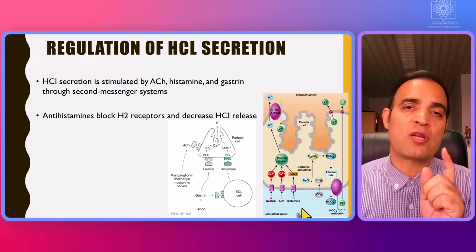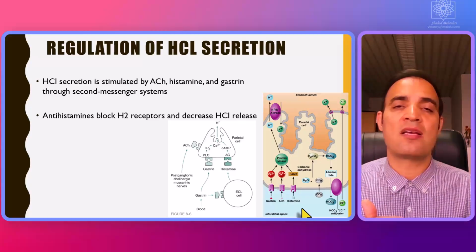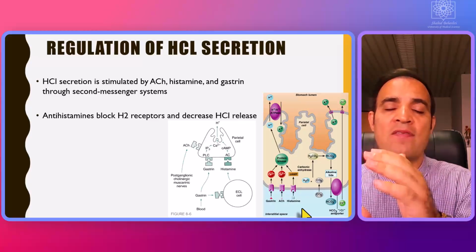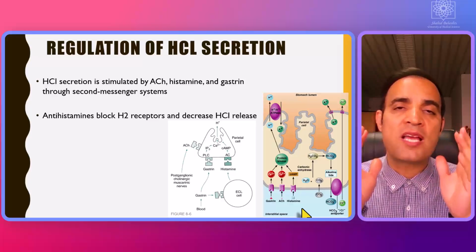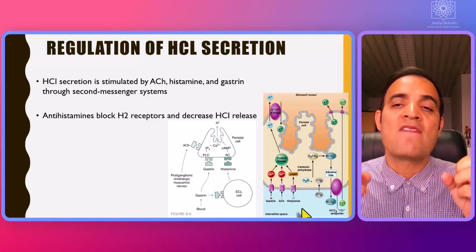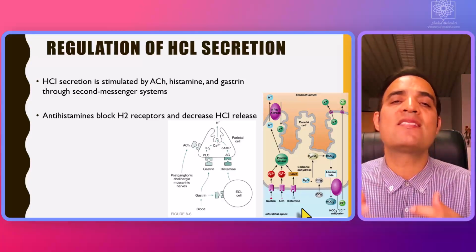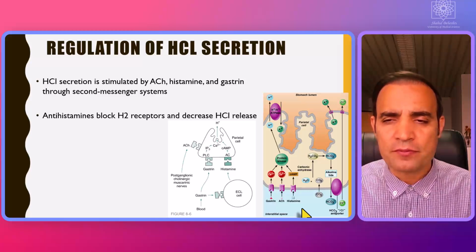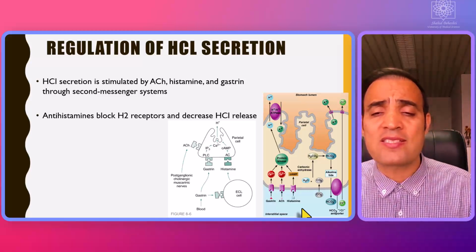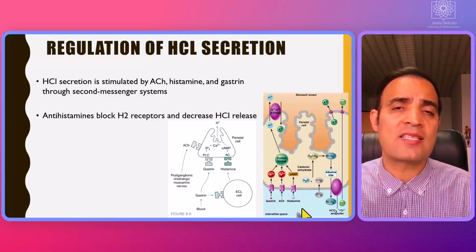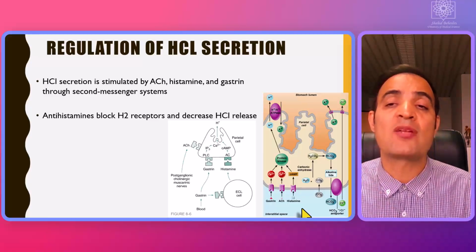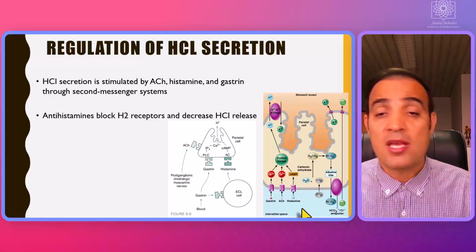Remember, I told you that potassium is absorbed into the cell and hydrogen out of the cell. This pump is extremely important for us when these pumps are activated. And as you can see in this figure, the histamine, acetylcholine, and gastrin are able to stimulate this channel.